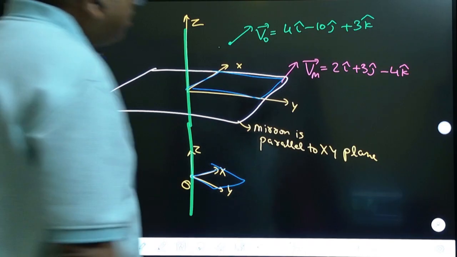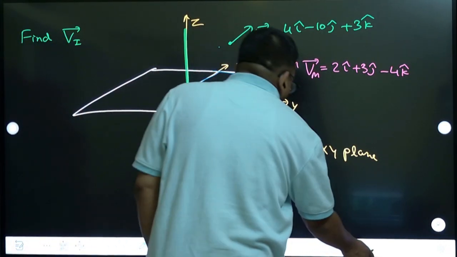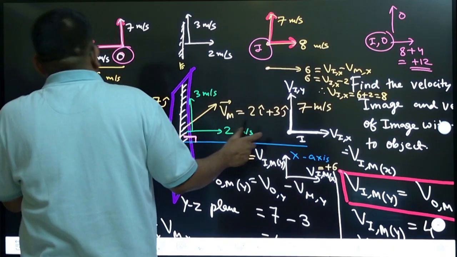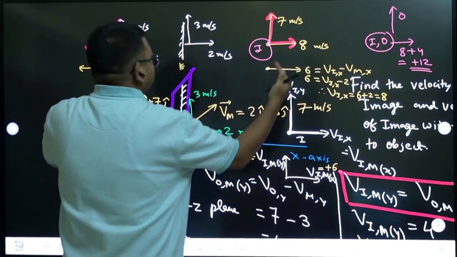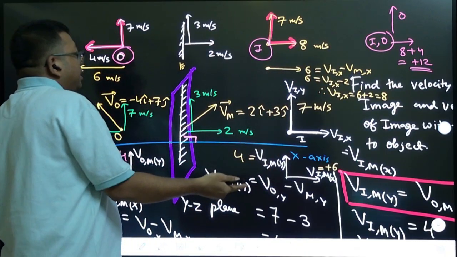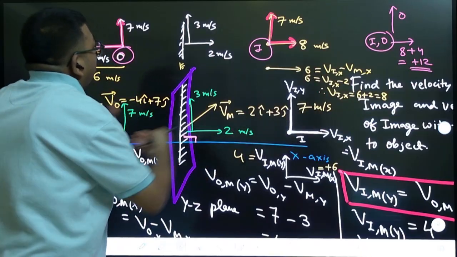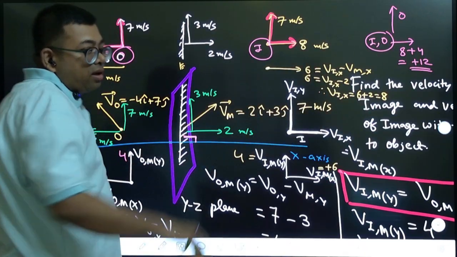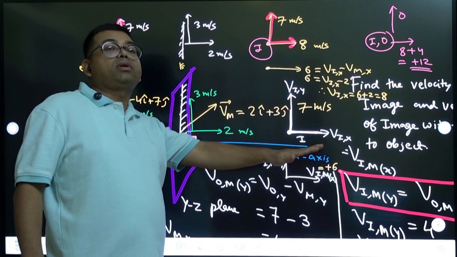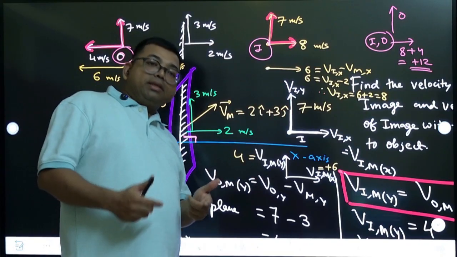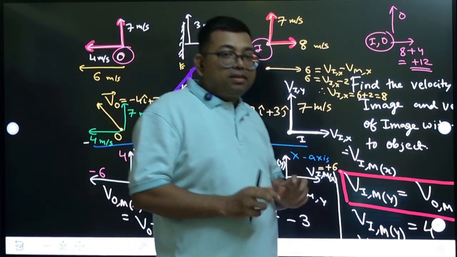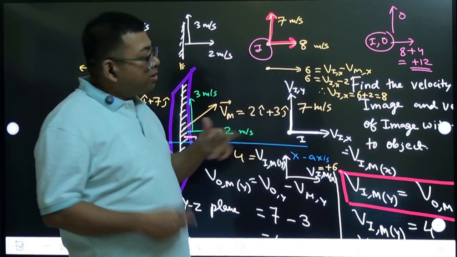Think. Just now we discussed this here. Which component was changing? You see, this object velocity was 7, and the image also comes 7. So which component changes? The x component, because it is perpendicular. So only the perpendicular component will change. That is the key idea.